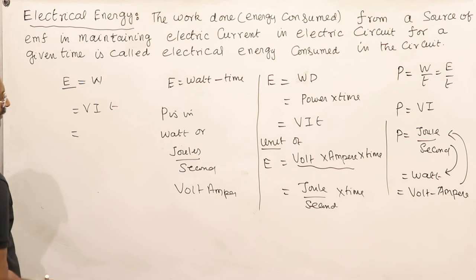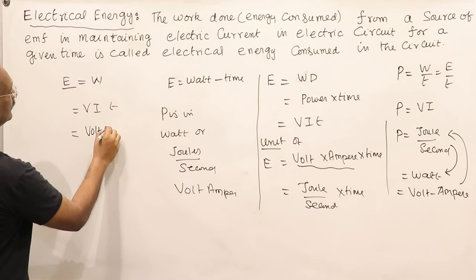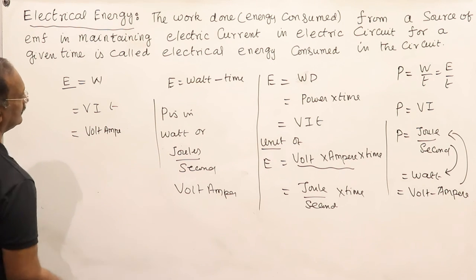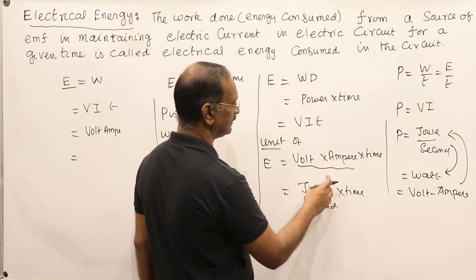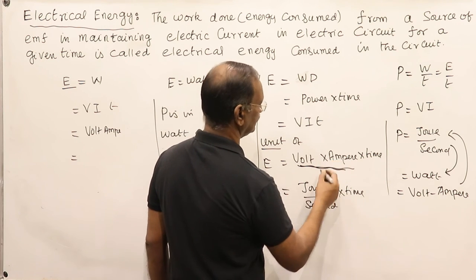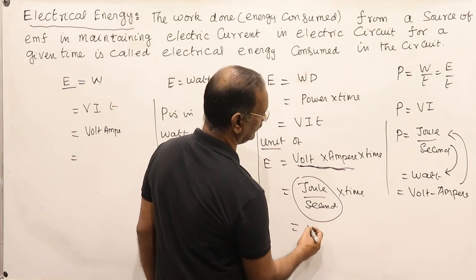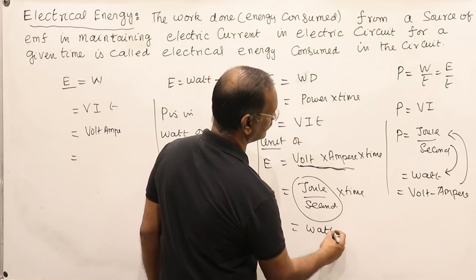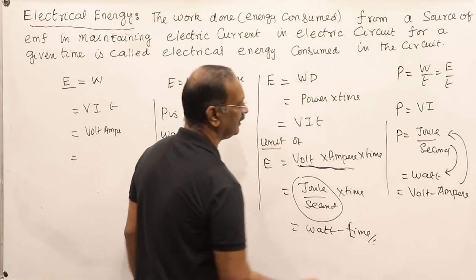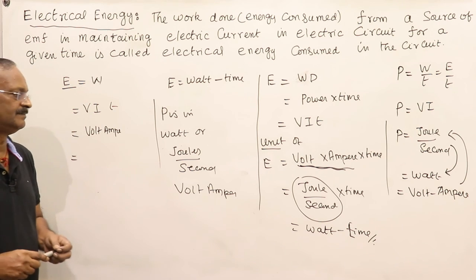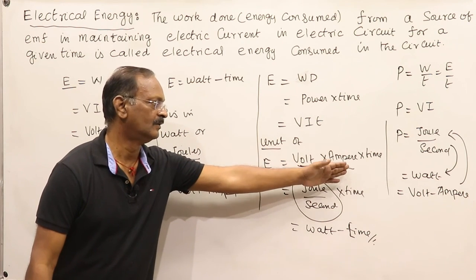VI, as it is, what is volt ampere into time? Volt ampere time can be written as joules per second into time, already we have derived, or this can be written as watt into time. So this is the way how we express, because sometimes they may give the unit for energy in this form, sometimes they may give volt ampere time.